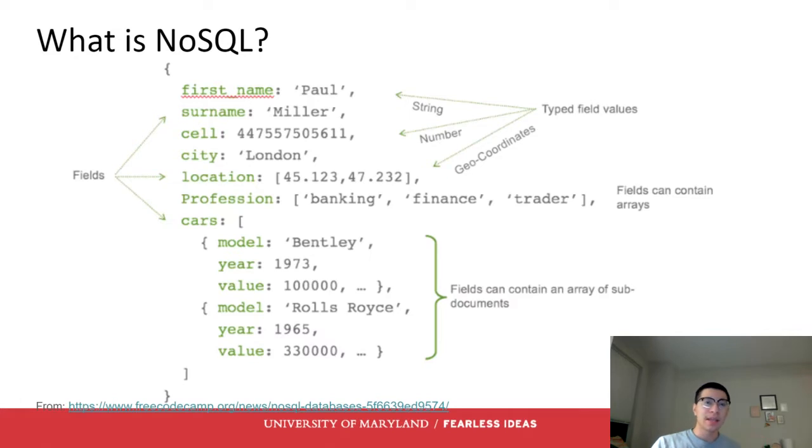So you can decide the data type, what is inside of it. You can make arrays inside of it, objects inside of it, different subdocuments, all these different things that you have been used to with JSONs. We can do super easily with a NoSQL database.